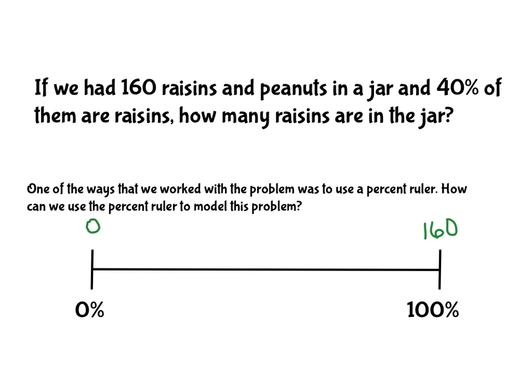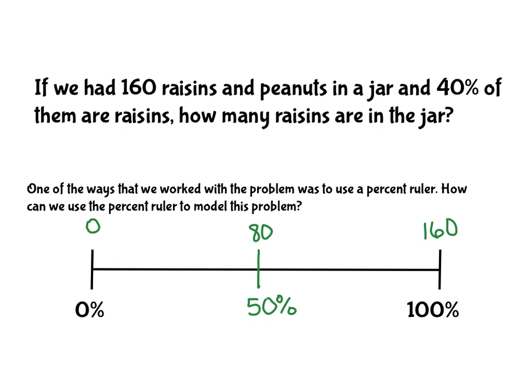So halfway through, of course, would be 50%. And then think of what is half of 160, or think of what is half of 16, which is 8, add a 0. But we need 10% less than that.